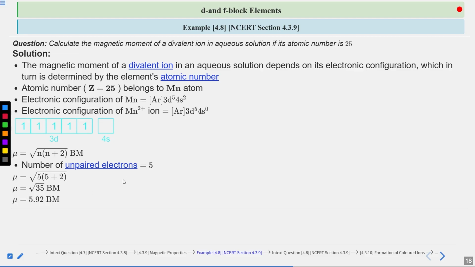So under root 36 is 6. Under root 35 is just 1 unit less than that, so it is going to be close to 5.9 something. That's why we can write it here. It's just a trick you can use; otherwise, you have to do the proper calculations. So mu here is going to be 5.92 Bohr magneton.